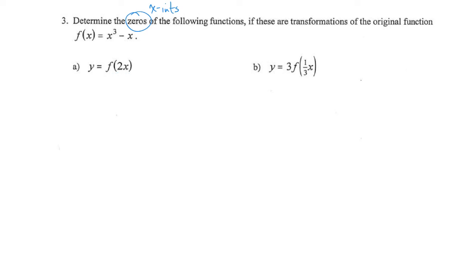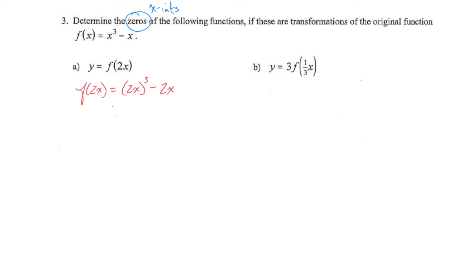So if we were going to follow that function notation, I'm going to do that in red, then what that becomes for f of 2x is replace my x with 2x, replace my x with 2x.